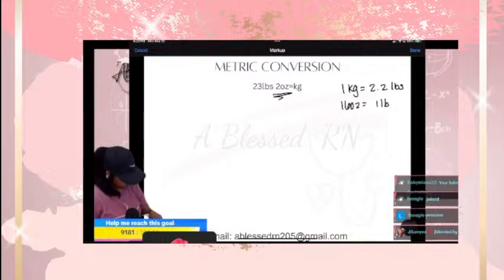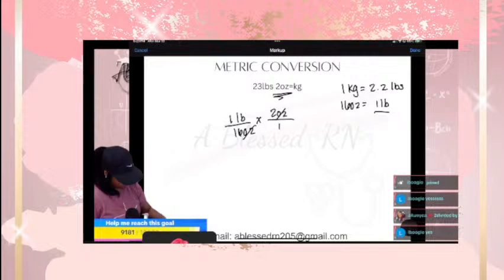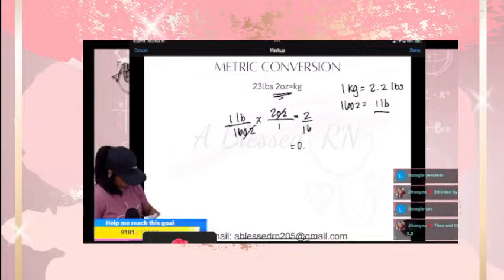So if we're looking for pounds, we'll do 1 pound is 16 ounces, right? And then we have 2 ounces that we want to convert. And so it'll be 2 divided by 16, which is 0.125. So add that to 23. So now your new weight is 23.125 pounds.